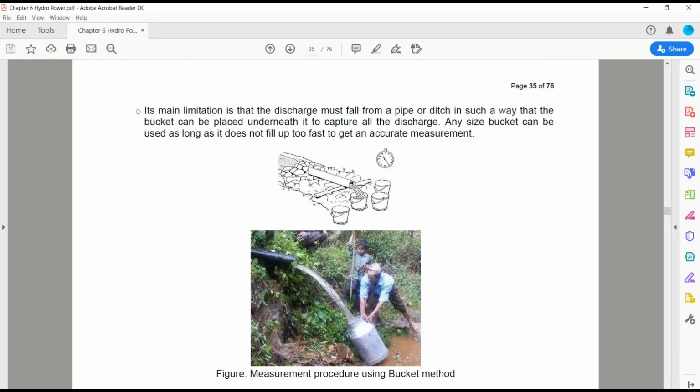So every time you fill up the water, you need to measure the time. In this picture, this is an example of the water flow. So 100% of the water from the pipe goes through the bucket.